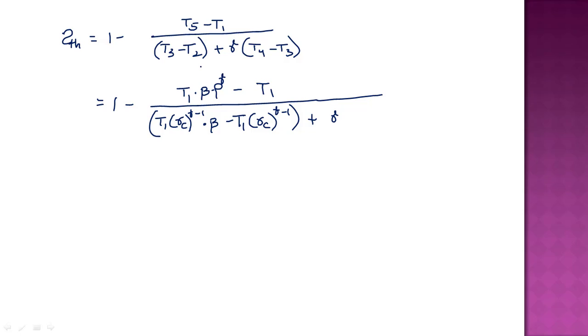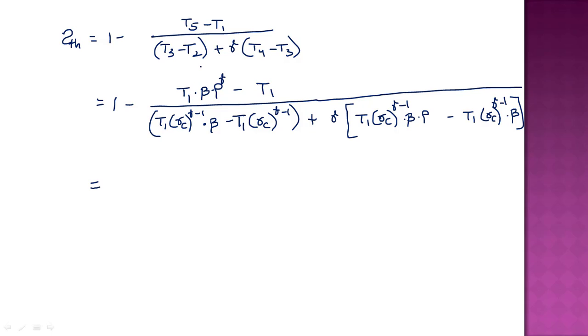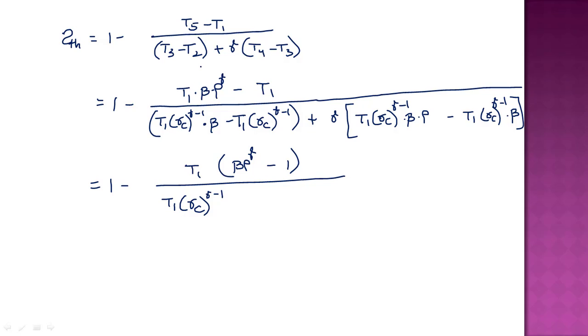So in the numerator, let us take T1 common. So this becomes beta into rho power gamma minus 1. RC power gamma minus 1 is common in all the terms in the denominator. So this becomes beta minus 1 plus gamma, and in these two terms let us take beta also common. So gamma beta into (rho minus 1) we will get.